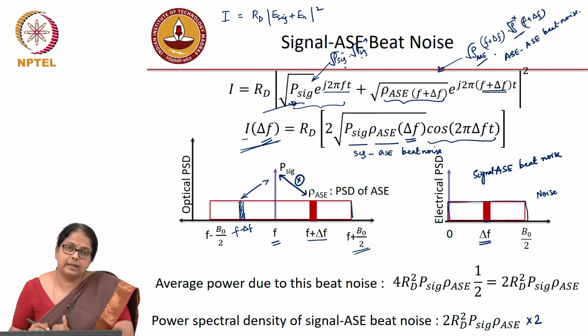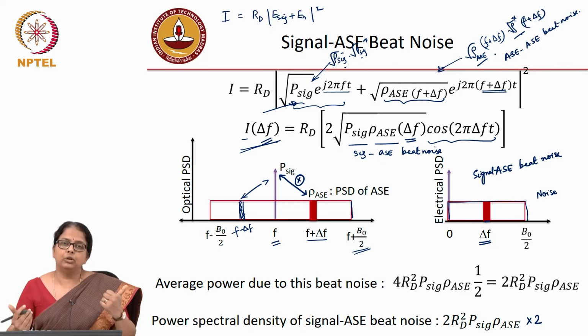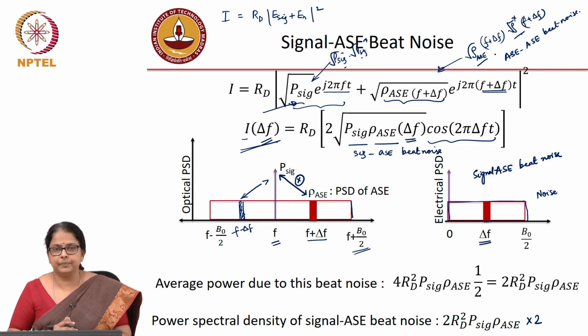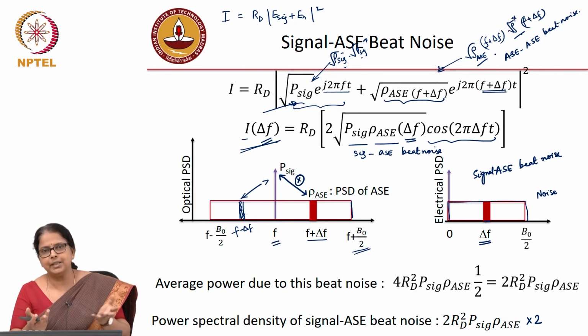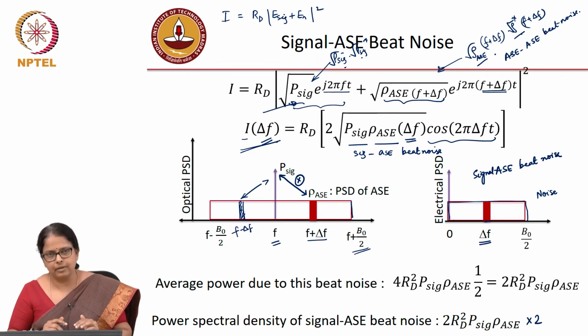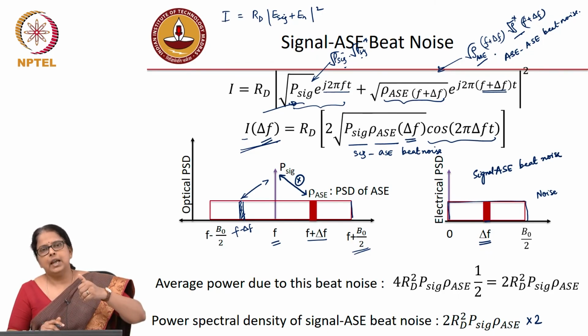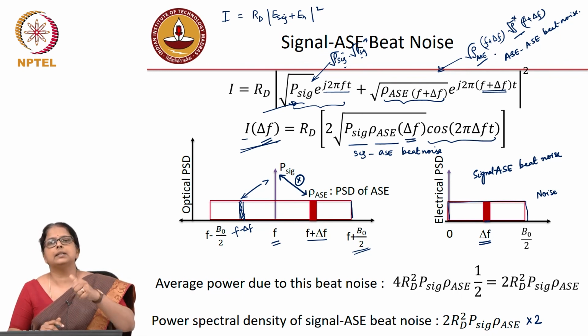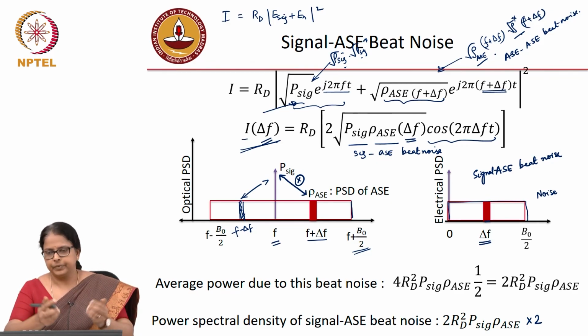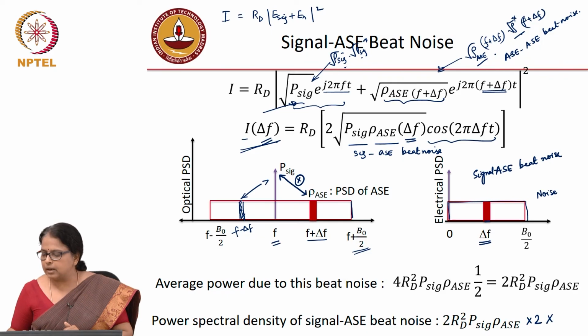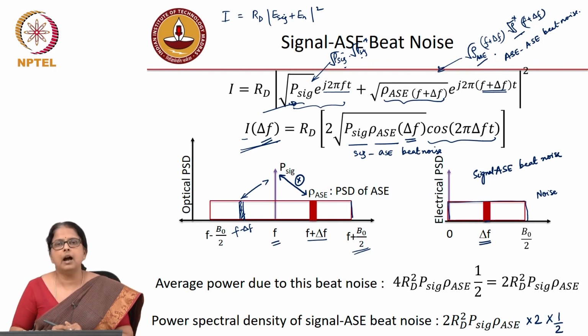But I know for a fact that noise will have random polarization, which means that I have overestimated this beat by a factor of half. Why a factor of half? Because any random polarization can be equally resolved as a combination of x and y. So, I double counted there, and to consider that I have to multiply it with a half.